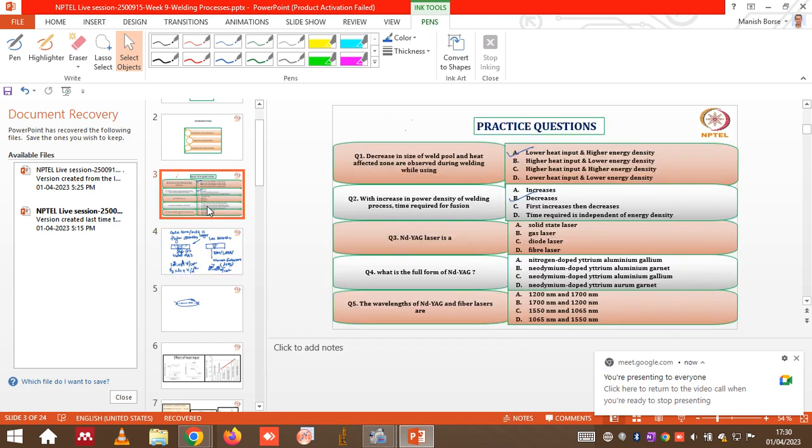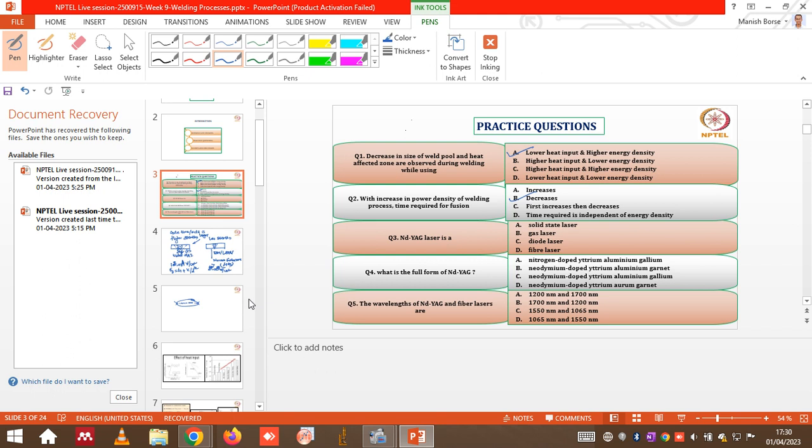Okay. So we have also seen in the regular classes the physics behind the generation of the laser source for welding operation, right? So that we can also revise here.